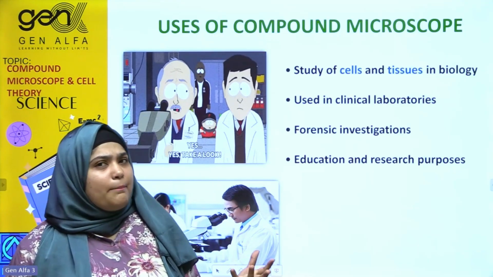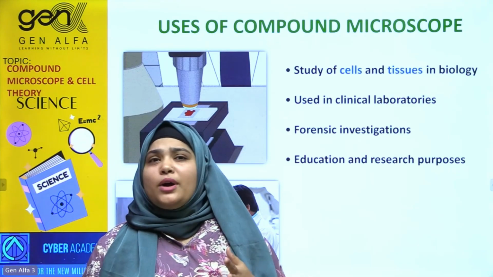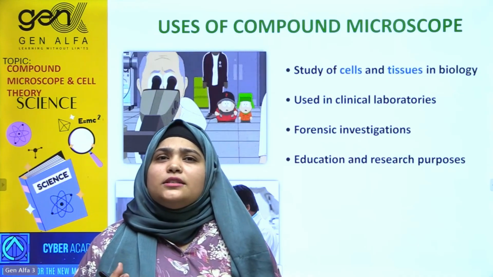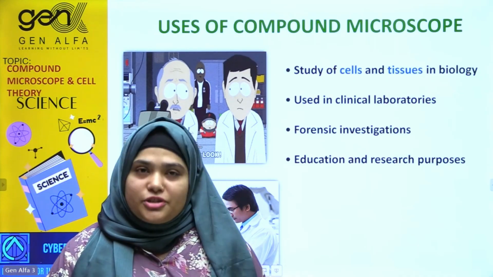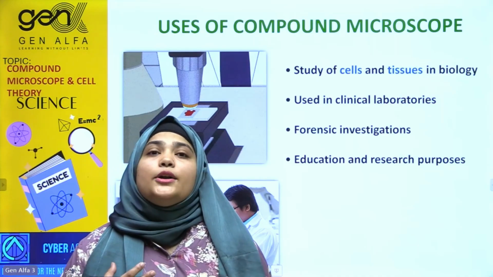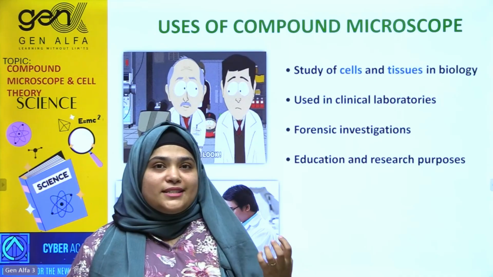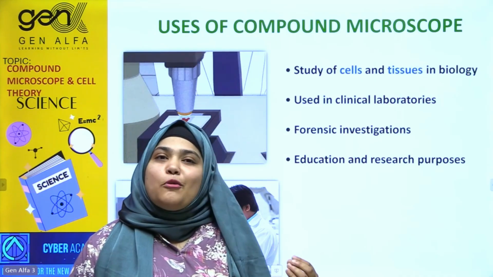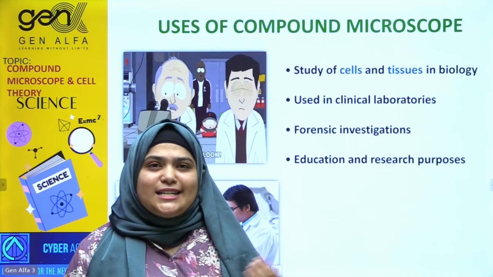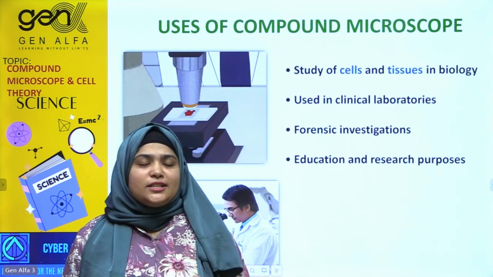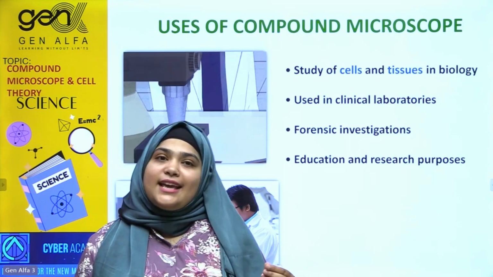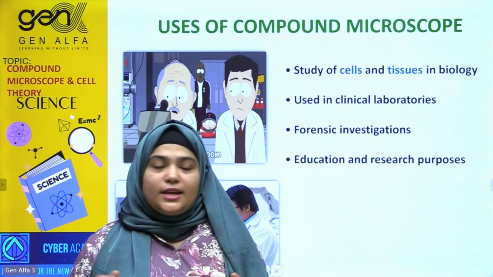With its help, we are now able to understand how nerve cells in our body perform their functions, how our heart works, how our kidney works. So this is the reason why the microscope is very important. Scientists and lab technicians study cells and tissues to discover new things.